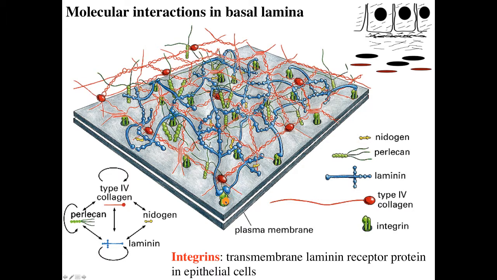Here are some of the integrin proteins that we talked about in our last podcast, and then a variety of these extracellular matrix proteins, and you can get a sense of the fairly substantial meshwork that is forming in part of this basal lamina. And note that integrins, as transmembrane proteins in the epithelial cells, have receptors that bind onto some of these proteins in the extracellular matrix.